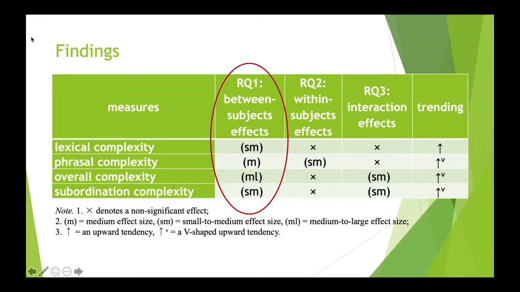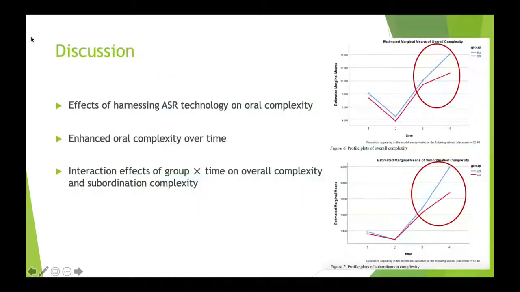A significant within subject effect with a small to medium effect size was found on phrasal complexity over time, regardless of their group membership. That is the answer to research question 2. And a significant interaction effect with small to medium effect sizes was found on overall complexity and subordination complexity. That is the answer to research question 3, the interaction effects.